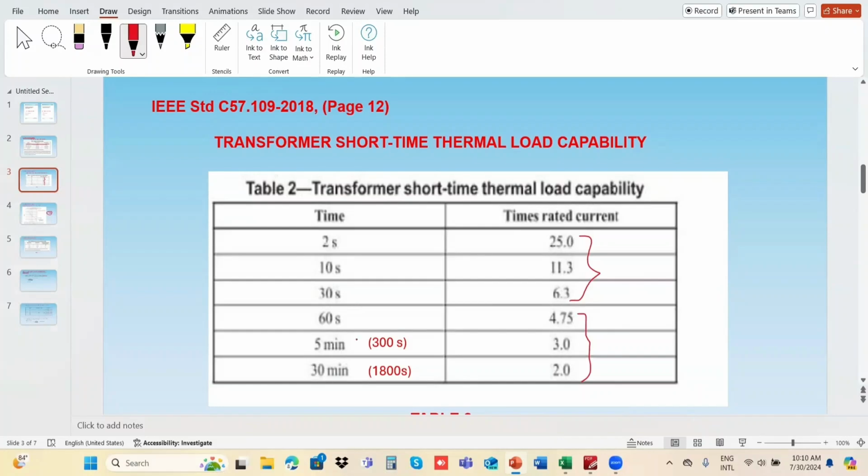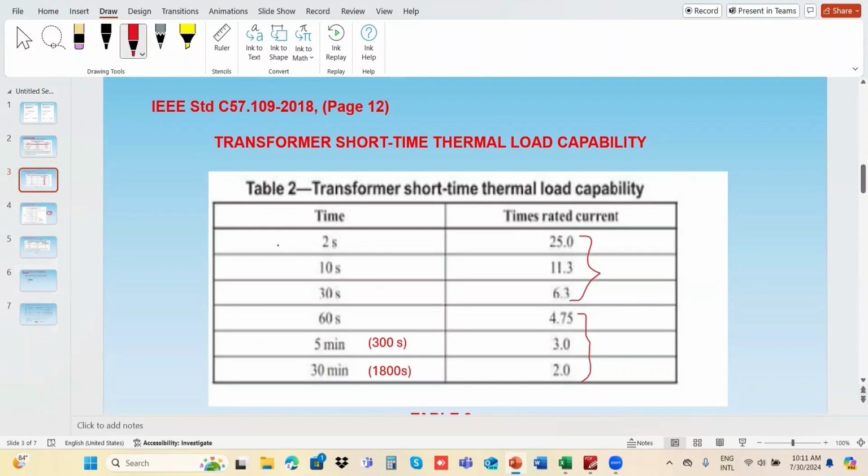They have already given the time: 60 seconds, 5 minutes or 300 seconds, 30 minutes or 1,800 seconds. So now you have to follow this time and the times rated current. These are the multiplier for the rated current.